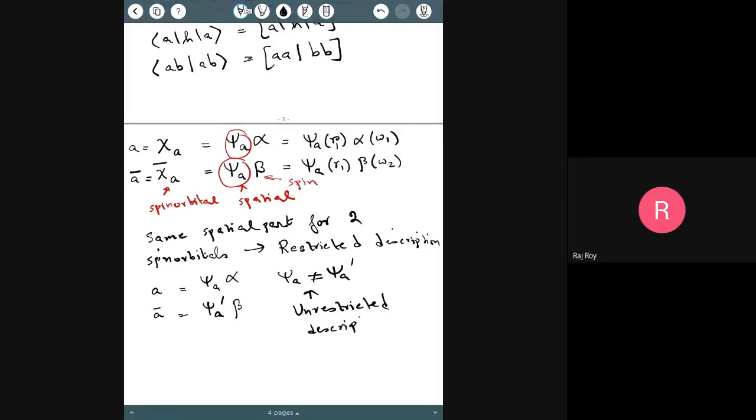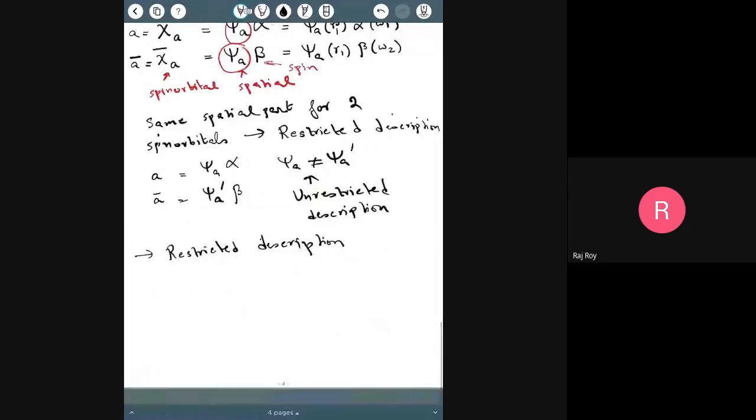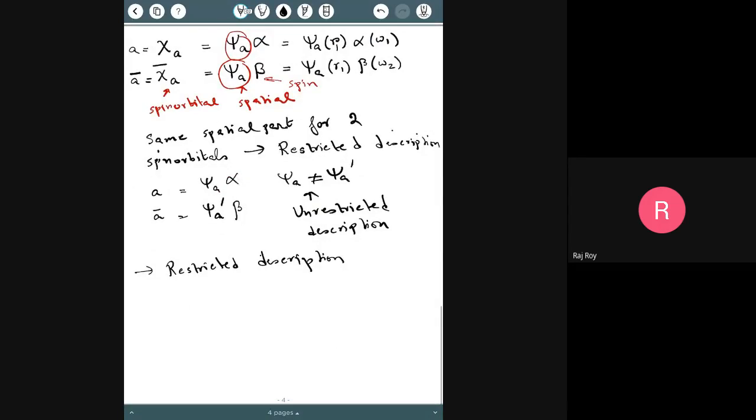The rest of the class we will talk about a restricted description. After we have done the Hartree-Fock derivation, we will come back to the unrestricted description. But for at least the next 2 or 3 classes, we will talk about restricted description.